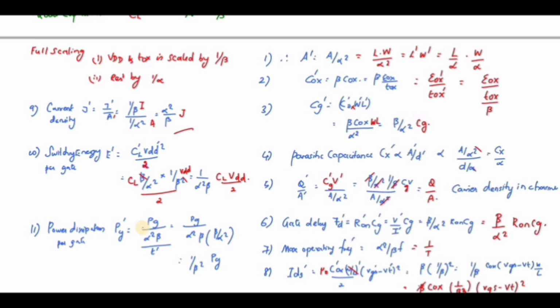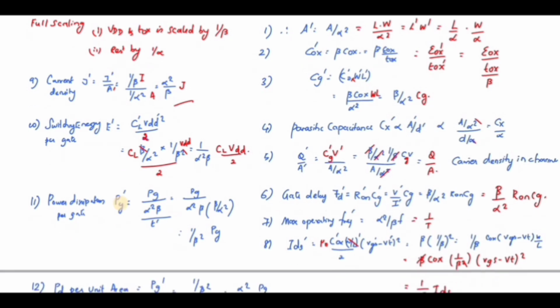Next, power dissipation. The power dissipation in the transistor is nothing but PG, which is energy divided by time.